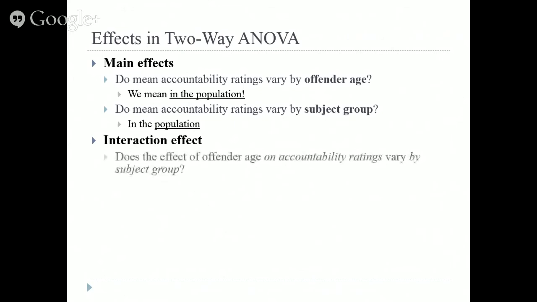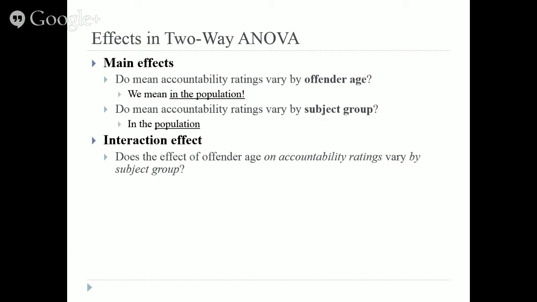And the interaction effect, the description of this is similar to the chi-square independence test. Does the effect of offender age on accountability ratings vary by subject group? Now remember, effect of offender age means differences in average accountability at different offender ages.